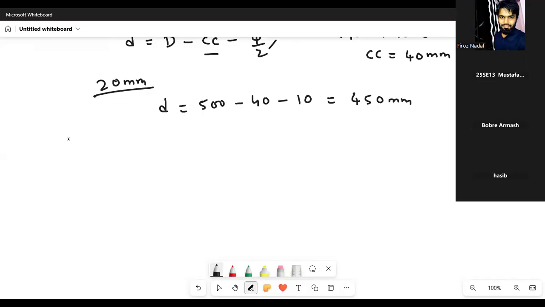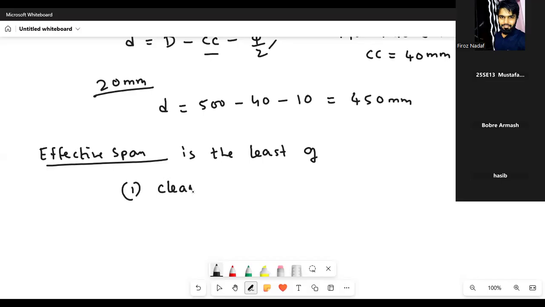So you are using IS 456-2000. Effective span is the least of two things.